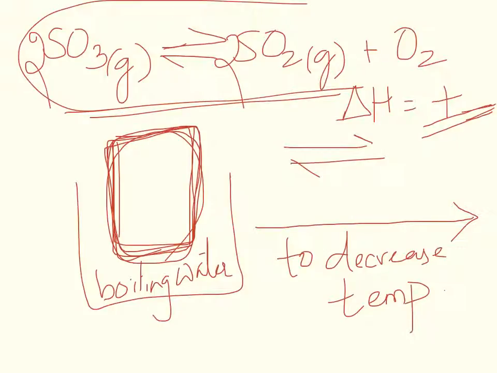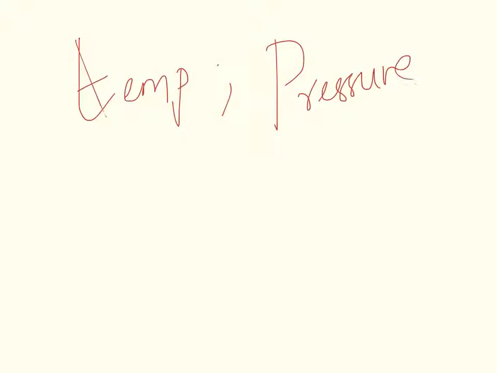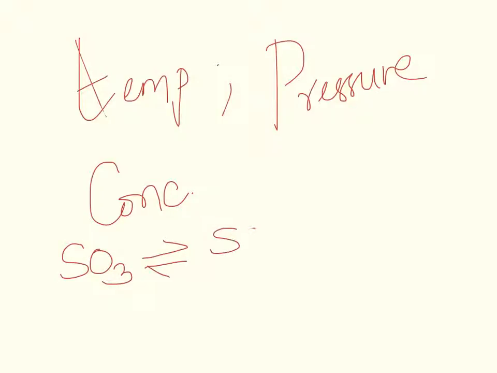Okay, and these kinds of disturbances can be made in terms of temperature, which we have just done. You can disturb pressure, you can disturb concentration. Say for example, same reaction, SO3 in equilibrium with SO2 and O2, right?